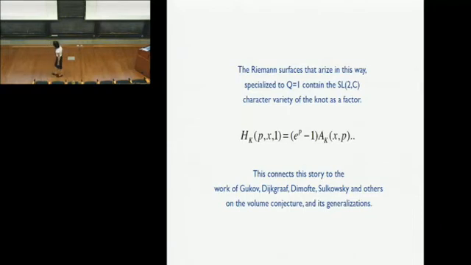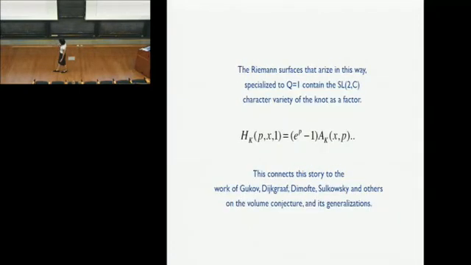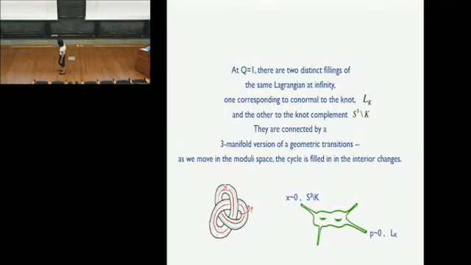And that fact connects this story to the work of Gukov, Dijkgraaf, Dimofte, Sulkowski, Fuji, and others on the volume conjecture and its generalizations. At Q equal to 1, you get this degenerate Riemann surface, which has at least 2 factors, sometimes more.